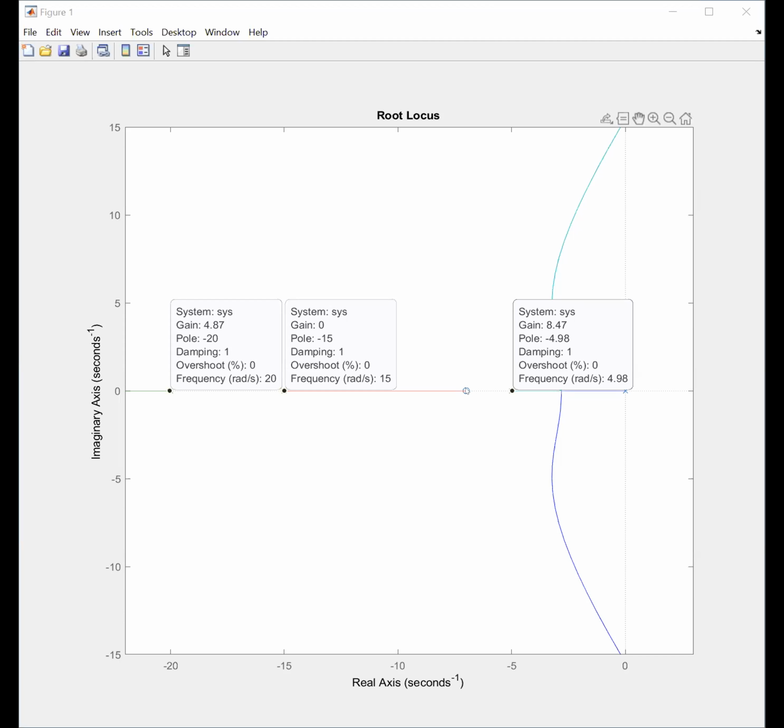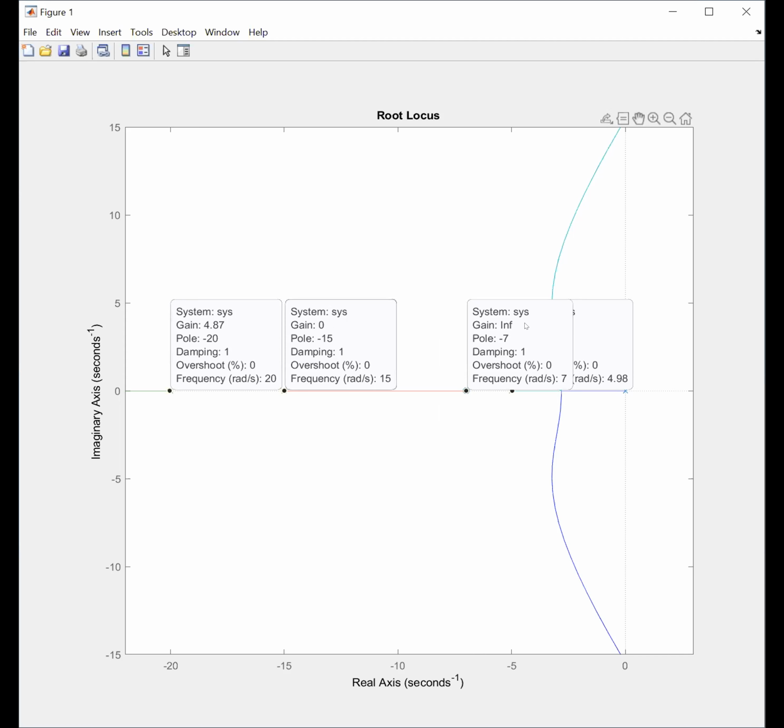If you look at this O, this is an open loop zero, and please note that this open loop zero is at location s equal to -7. So now what we have is this root locus.